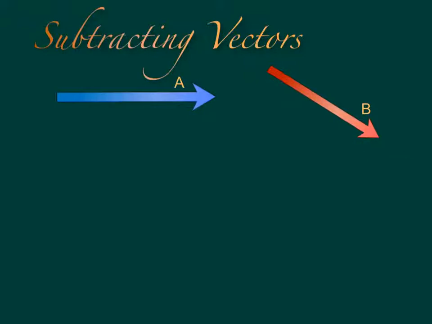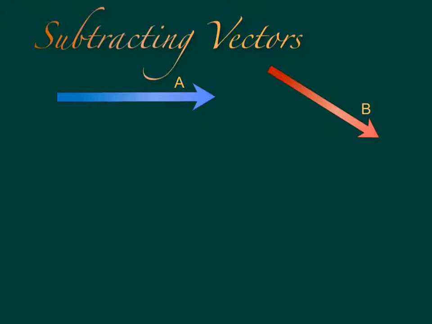And we might have some final velocity after the collision that went like this. Now a question might ask you to find the change of velocity so that you could work out an acceleration or something like that. And in order to find the change, we need to take the final value and subtract the initial value. So that would be an example where you needed to subtract two vectors.